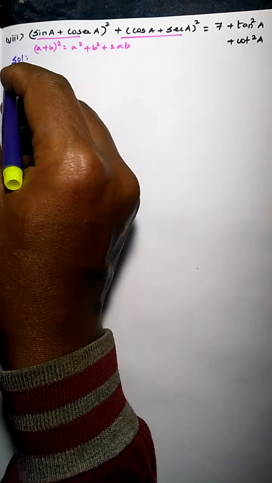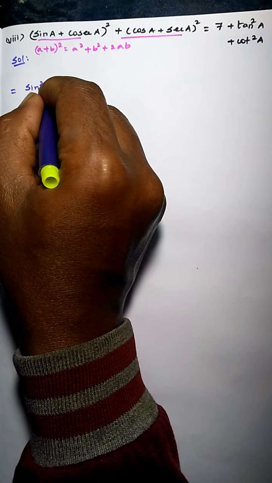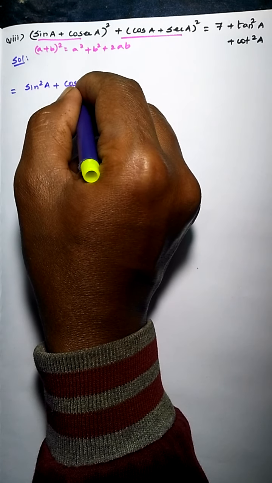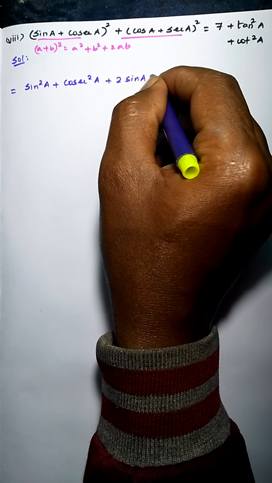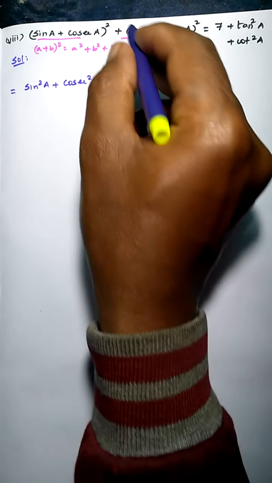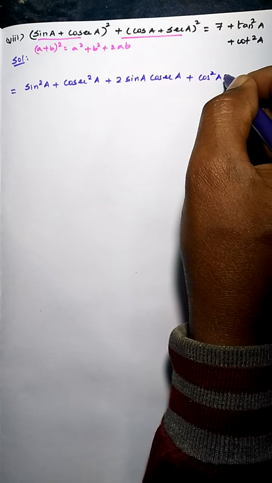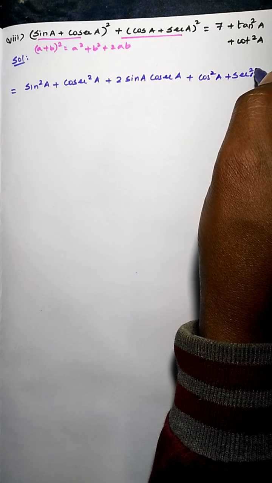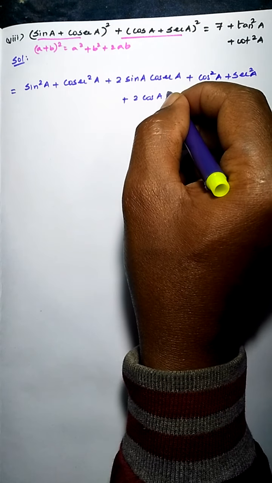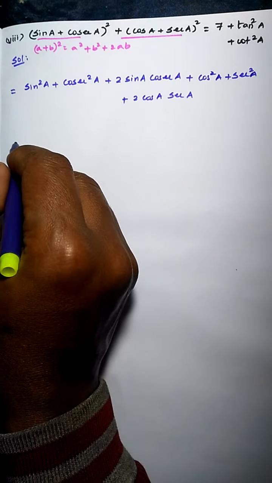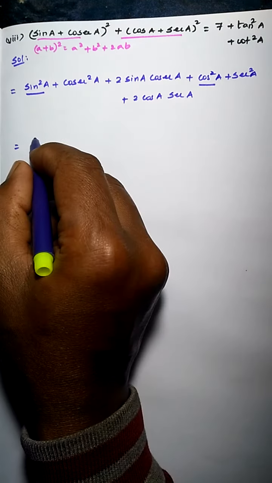If we use the formula, then you will get A square, which is sine square A, plus cosecant square A plus 2 into sine A cosecant A, plus, now apply the same formula again for this, cos square A plus secant square A plus 2 cos A secant A. Now let's rearrange these terms, means sine square A and cos square A we can write together.